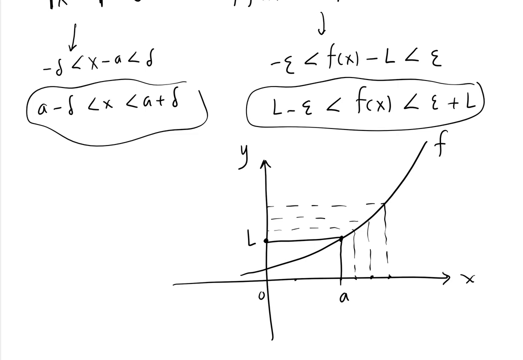If you pick a point here, so what's happening is that when x is between a minus delta and a plus delta, this point here is a plus delta, this point here is a minus delta, and it goes all the way to this one.